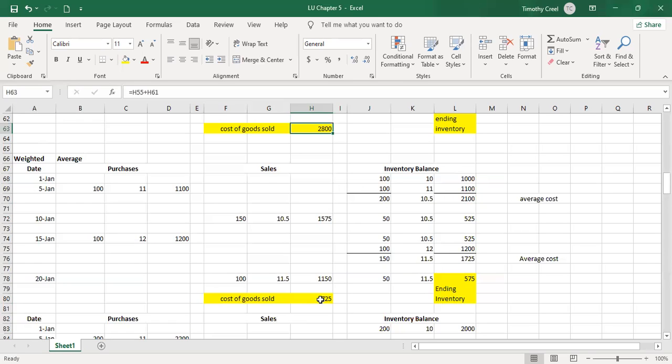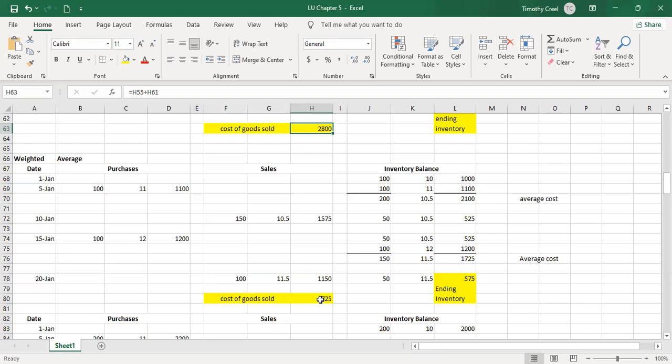So remember, a company has to choose one of these three methods, and they don't change very often. Typically, they take one and stick to it unless they can prove that there is a very, very good reason for a change. They can't just decide every year, "I think it's better for us to do weighted average this year."